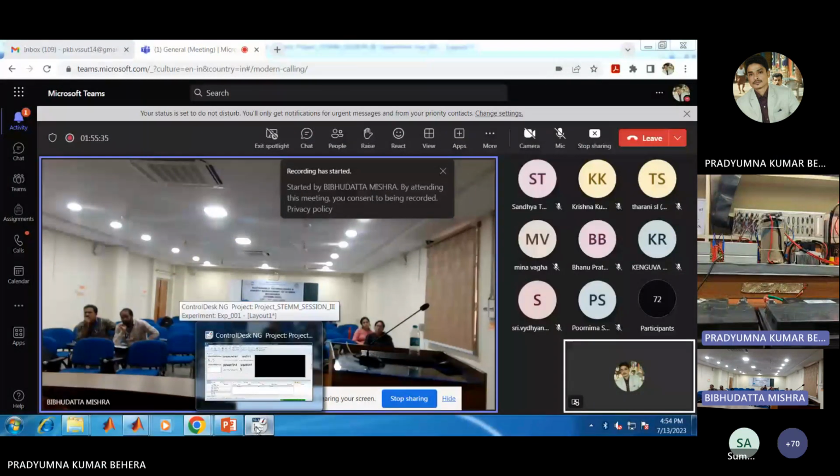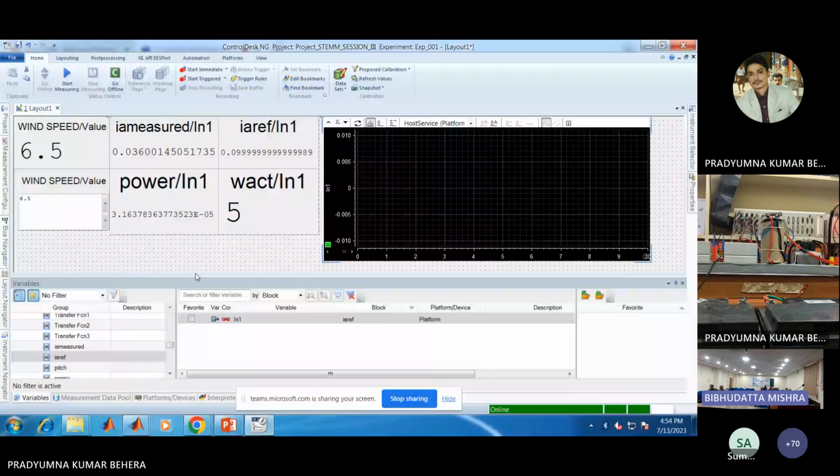See, now we are back to the control desk. Now I am going to start the experiment. First of all, I am applying a voltage of around half the rated voltage of the DC motor at the DC motor terminal.